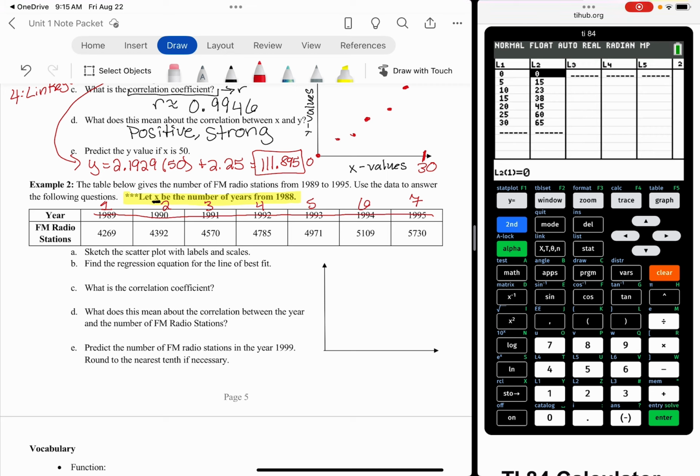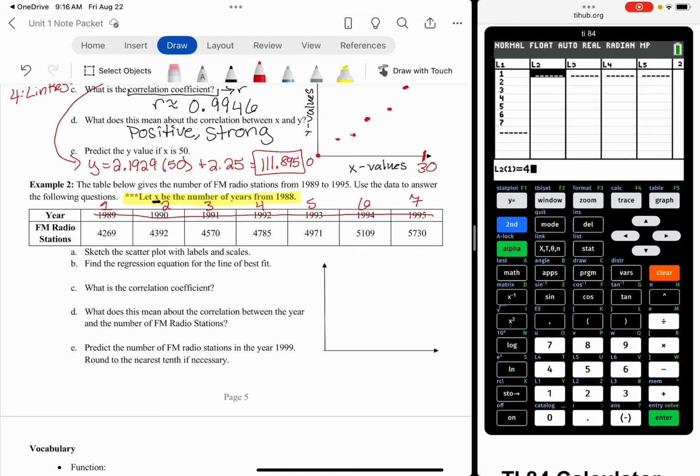So we're going to edit the data. Remember to clear the list. You highlight it, hit clear, and then hit down or enter. So highlight the list, hit clear, and then enter. So we have 1, 2, 3, 4, 5, 6, and 7.